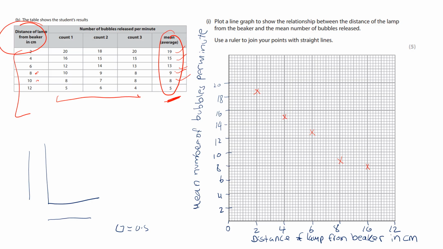Okay. And then 12 is 5. Okay. So they're gonna want you to draw a straight line, boom, covering the main points.